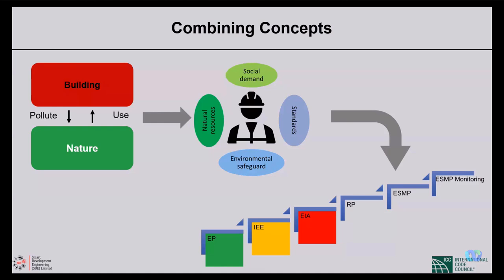We construct buildings, and we want to use from nature the water, the air, and land, but we also have the pollutions from our infrastructure developments to the nature. So these two need to be balanced, looked at in a way so that we can reduce or stop and make it within the standards.